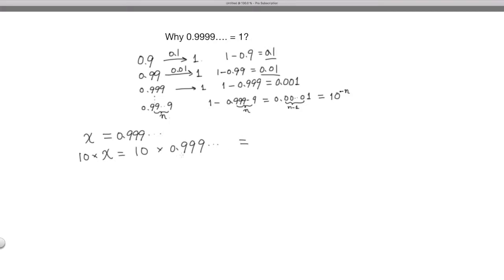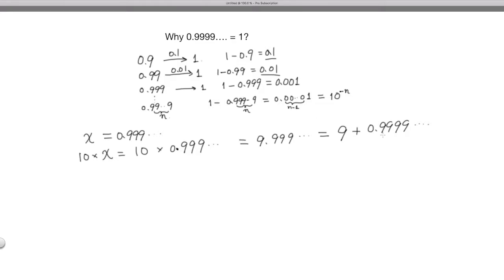Remember that when you multiply by 10, you really move the decimal point to the right once. So this equals 9.999 forever 9s, and we're going to write it as 9 plus 0.9999 forever 9. Do you recognize something here?